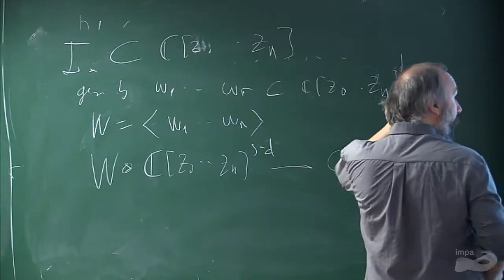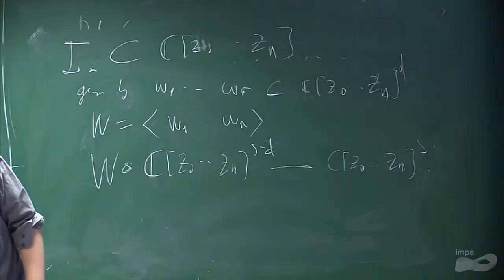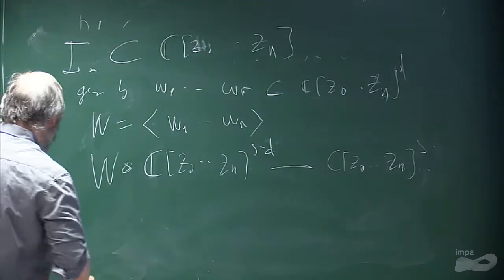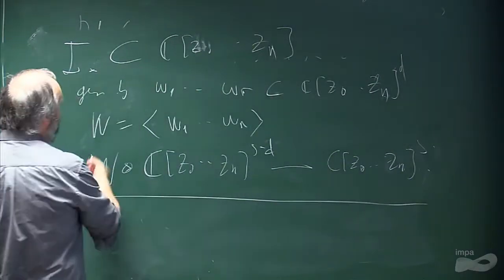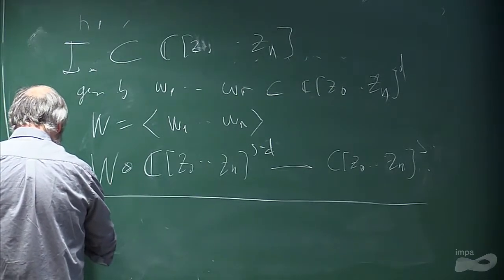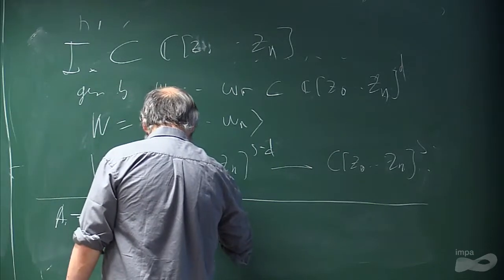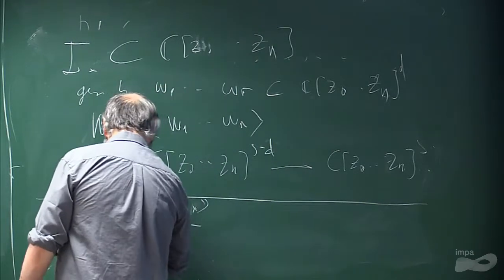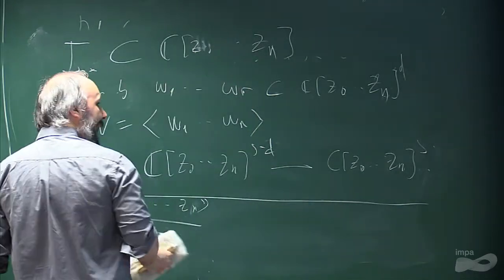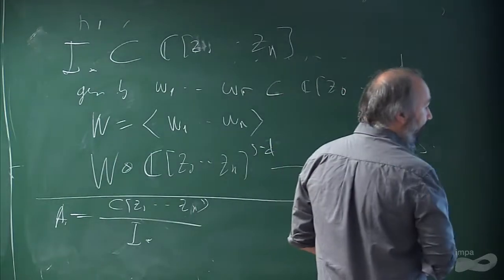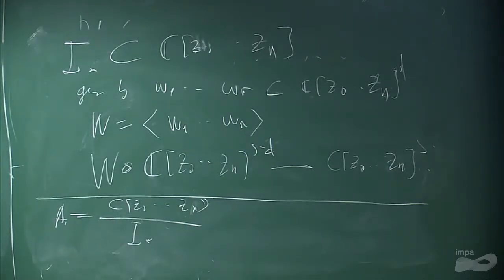Now, what I claim is that you have this A, which is polynomials quotient by I star. And then you consider the Hilbert function of this quotient.